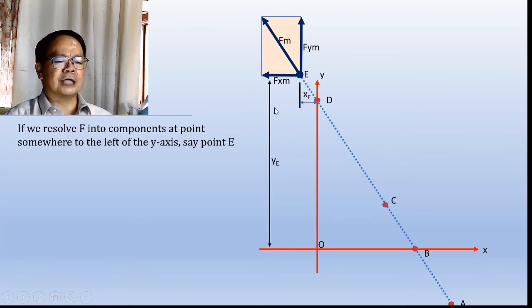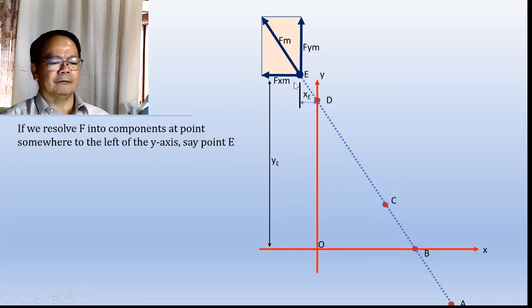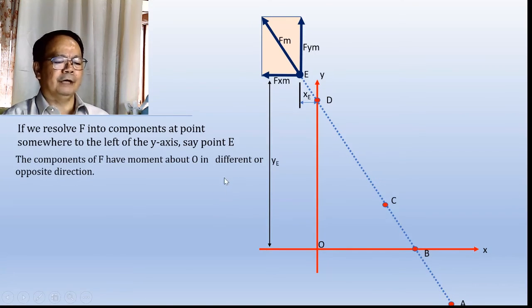And if we examine the turning effect of F sub y sub m and F sub x sub m, you will notice that they have a turning effect in opposite directions. This component, F sub x sub m, will have a turning effect in the counterclockwise direction.